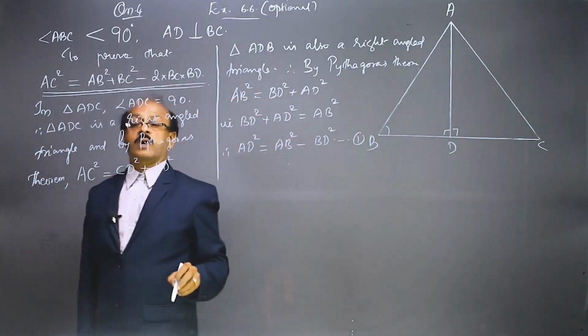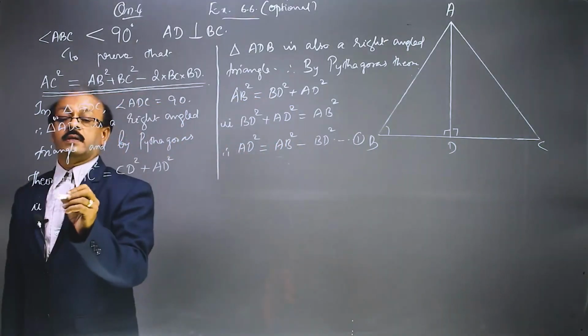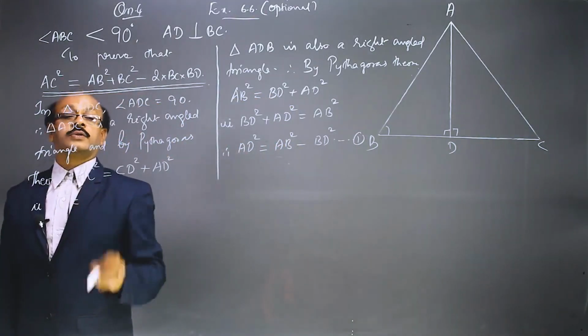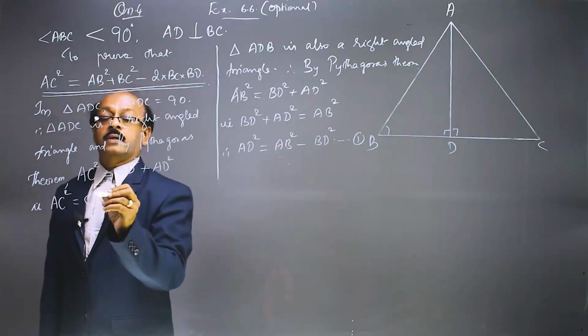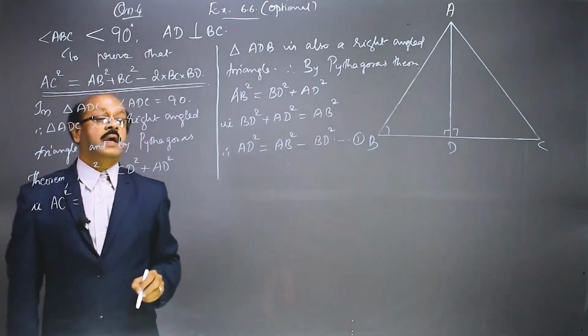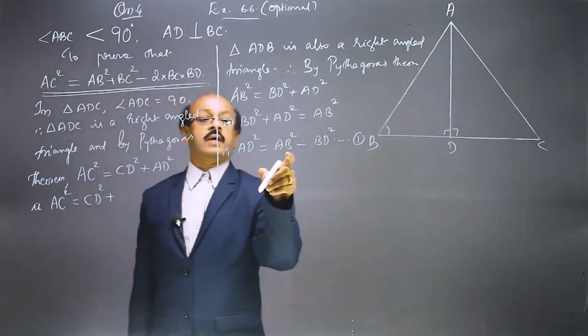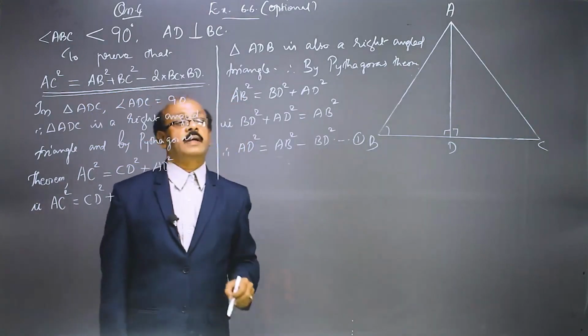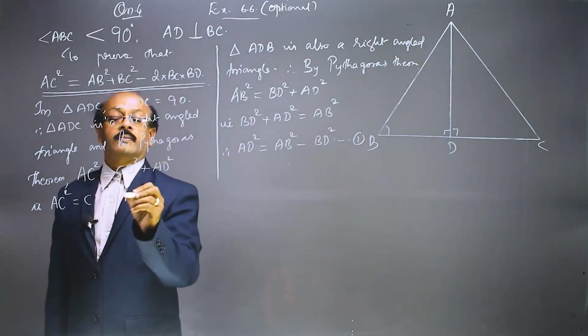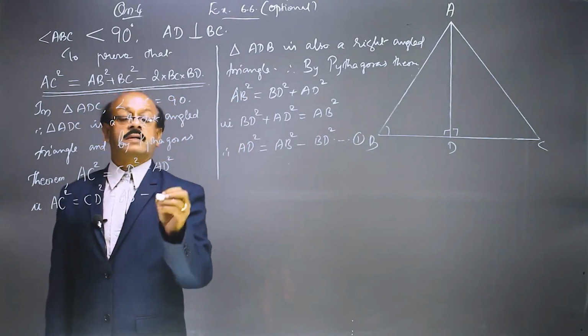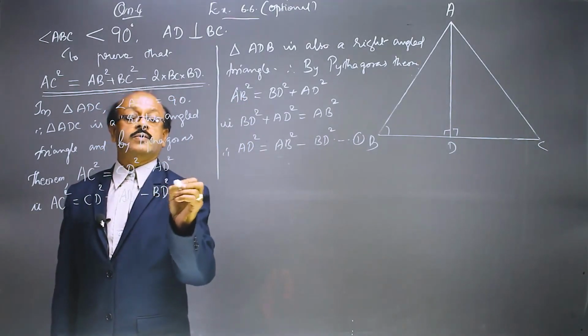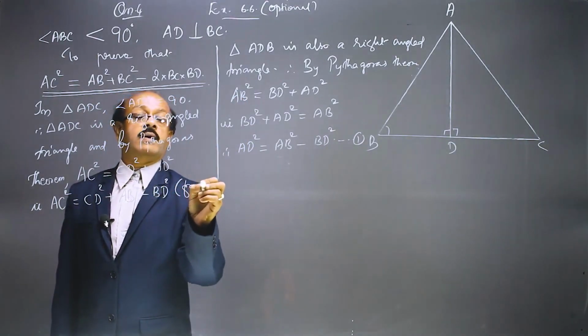Therefore, AC square is equal to CD square plus, instead of AD square we can use AB square minus BD square from equation number 1.